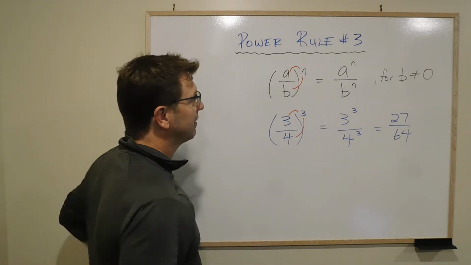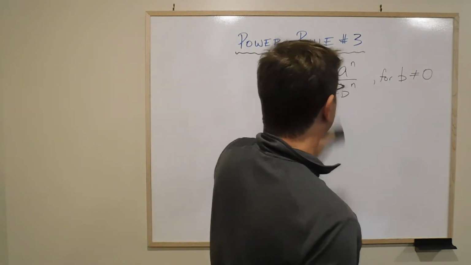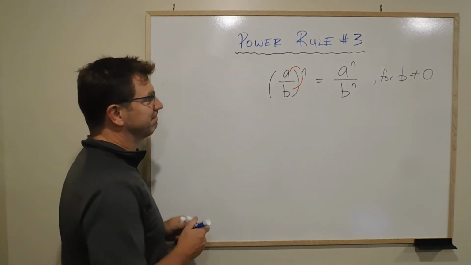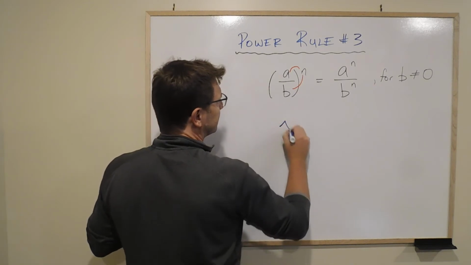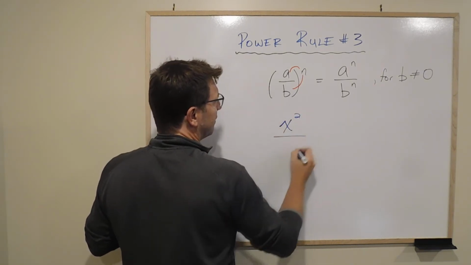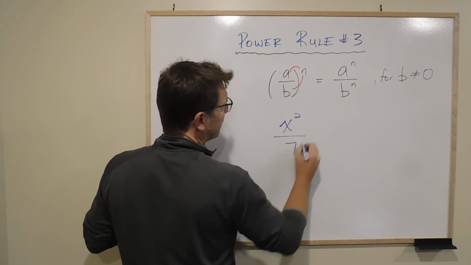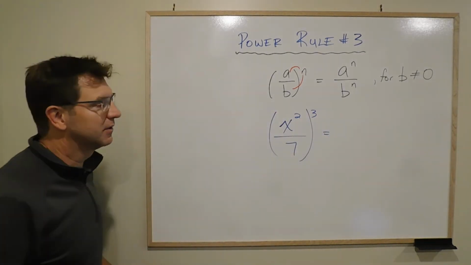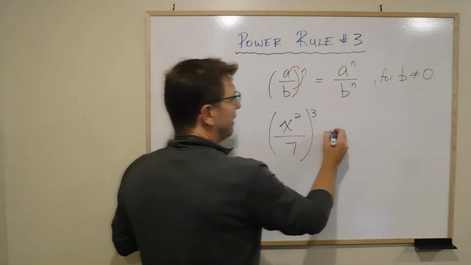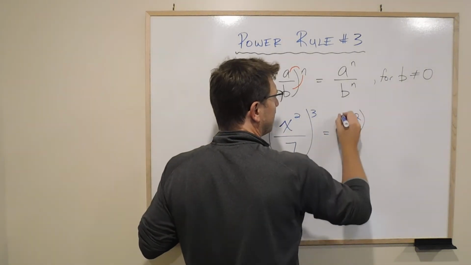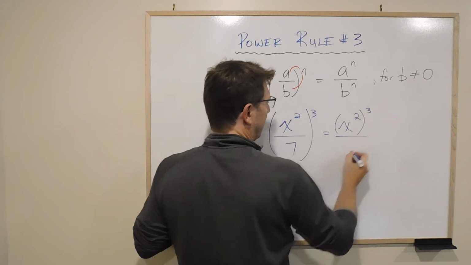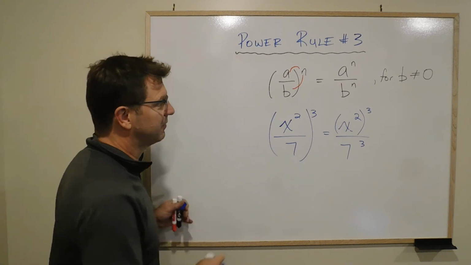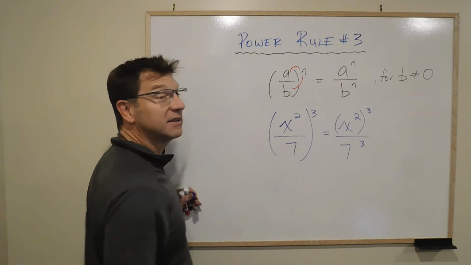Let's try one where we have some variables. So let's say we have x squared over 7, and we'll make that cubed. So we have x squared on the top, and that is cubed. And then separately we have 7 cubed, because the cubed has to apply to the x squared and to the 7.